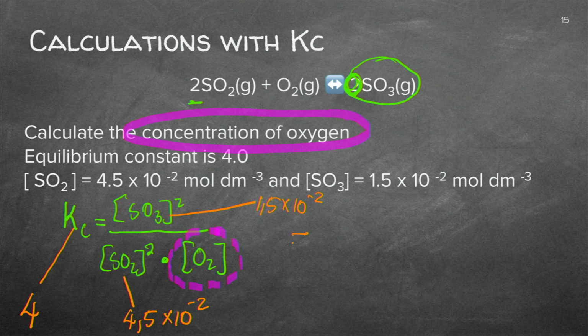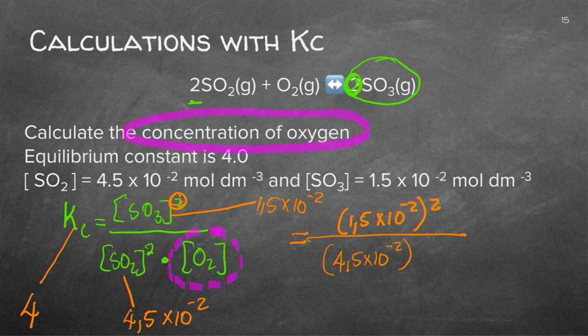So let's complete the equation. Let's say it's SO3 at the top. Remember the square, guys. Do you see there? At the bottom, I've got 4.5 times 10 to the minus 2 square, and I've got O2. I now know that the Kc value is 4.